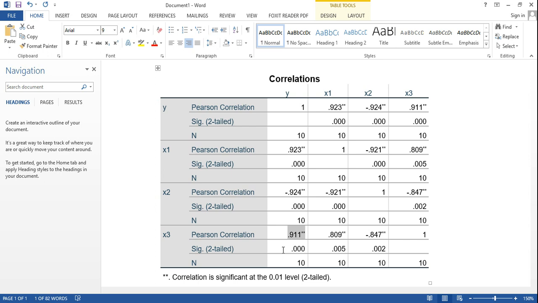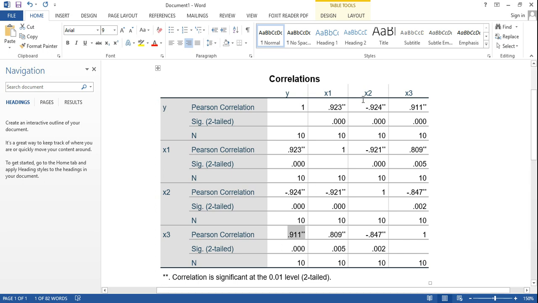And the significance or p-value shows y and x3 also have a statistically significant correlation. In this way, we can determine the correlation among other variables in your model.